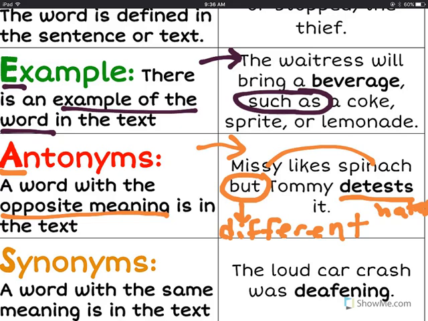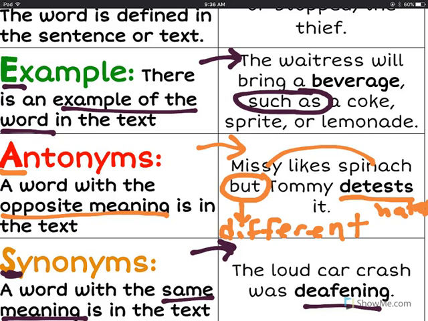Our last letter in the word IDEAS is S, synonyms. A synonym is a word with the same meaning. Remember, we think S for synonym means the same. In our example over here, we have the loud car crash was deafening. That means there's going to be a word in this sentence that means the same exact thing as the word deafening. Well, I know deafening would be giving me a word that describes something.